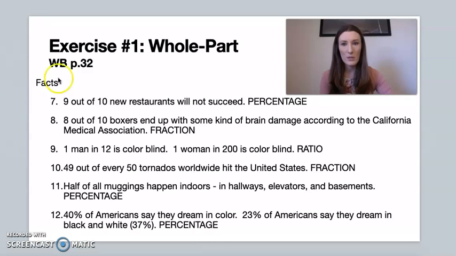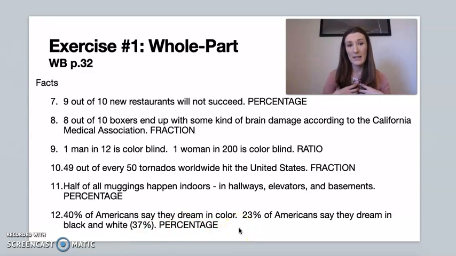Let's go to the second page. Let me do a different one. Okay, number 12. 40% of Americans say they dream in color. 23% of Americans say they dream in black and white. And then the remaining is 37%. Okay, so I take this as 37% maybe do both, dream in color and black and white.